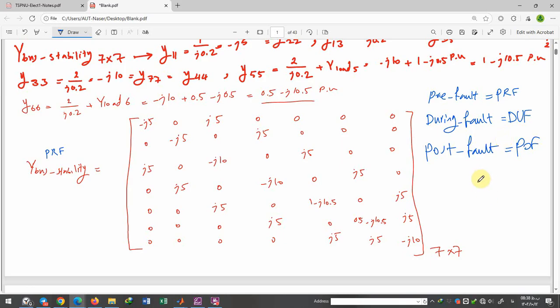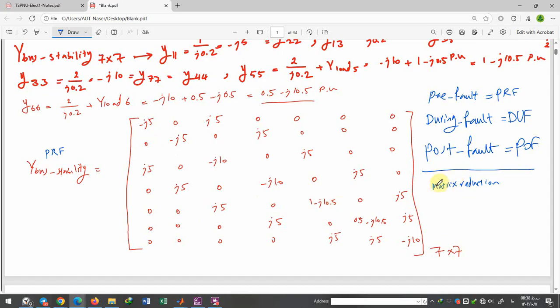So after studying the three regimes of stability study, we introduce matrix reduction. In matrix reduction, our power system Y bus of stability has a very high rank, and this matrix is very big.